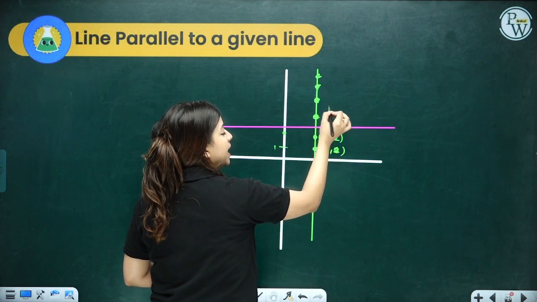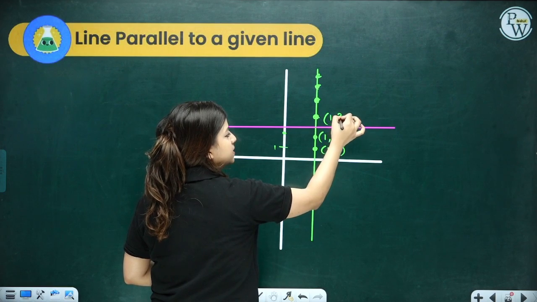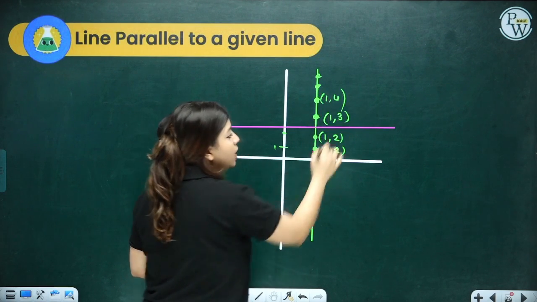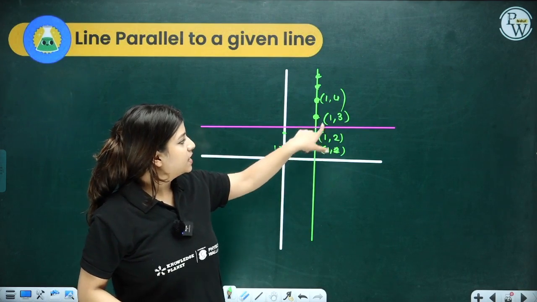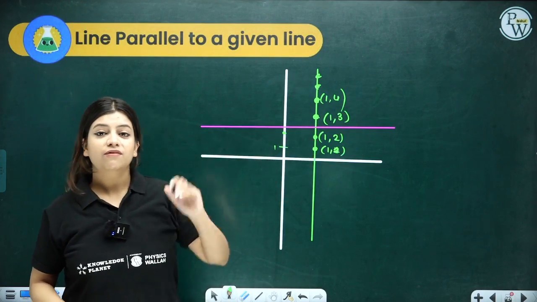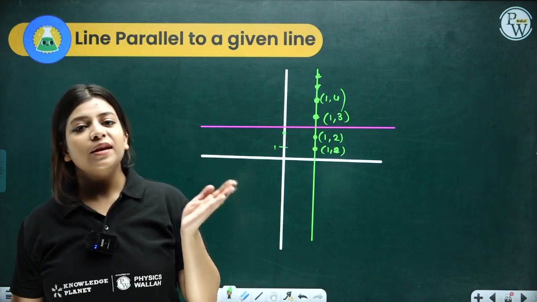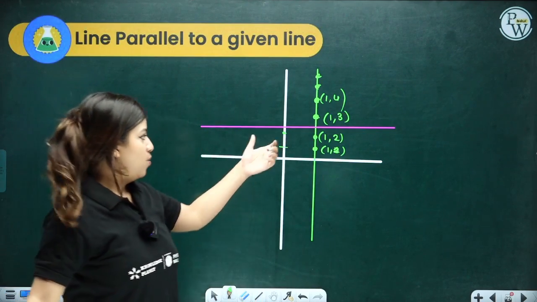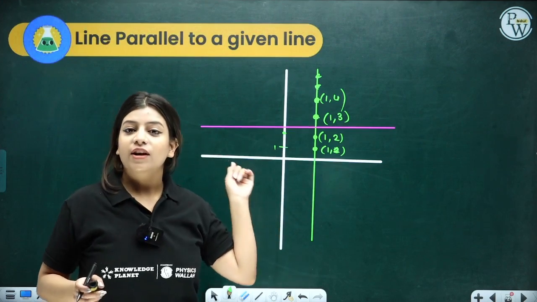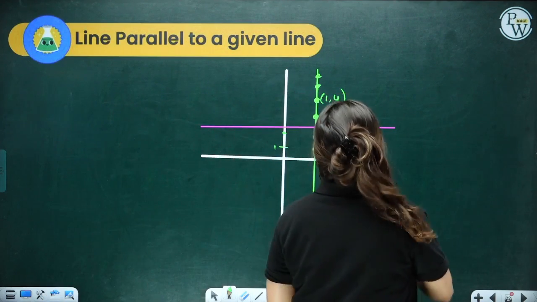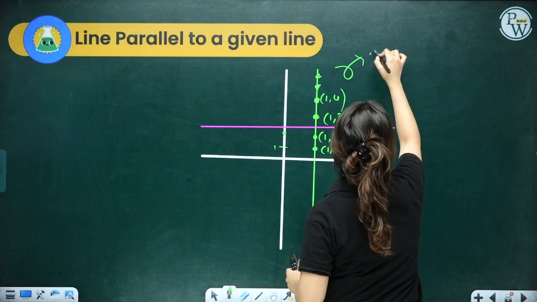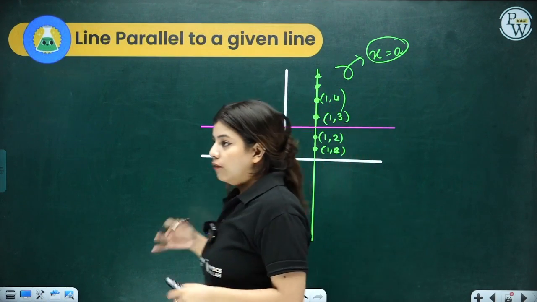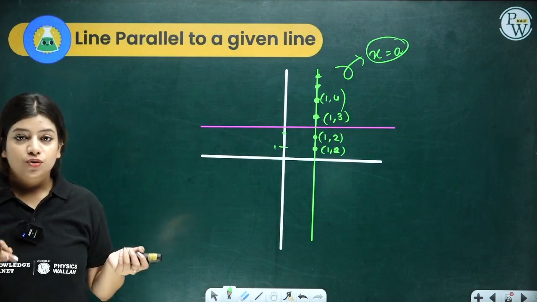Over here the x is again 1 but the y is 3. Over here the x is again 1 but the y is 4. So we can see that the x is constant throughout and the y is changing. That means this line is parallel to the y-axis, and any line which is parallel to the y-axis is of the form x equals a.